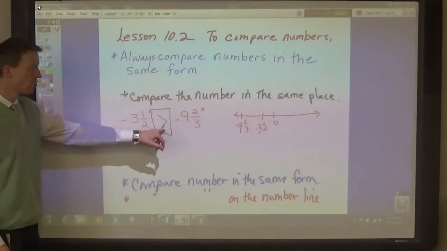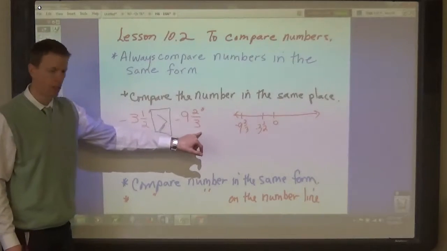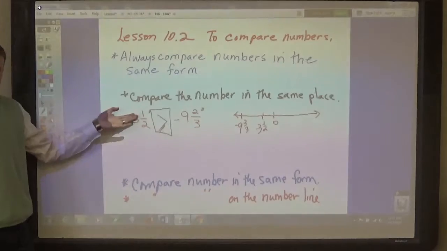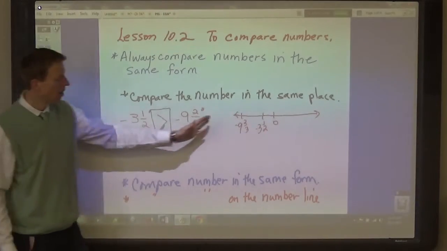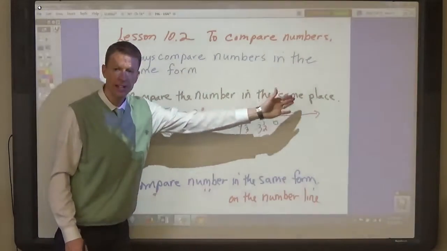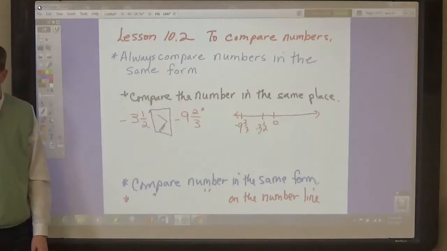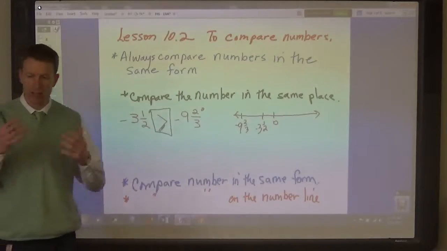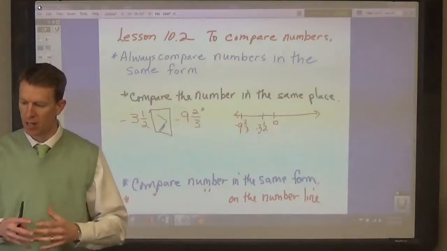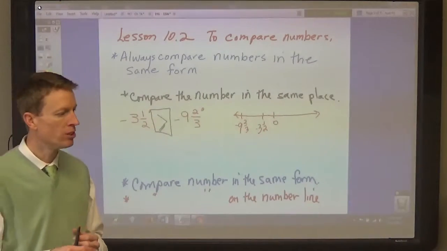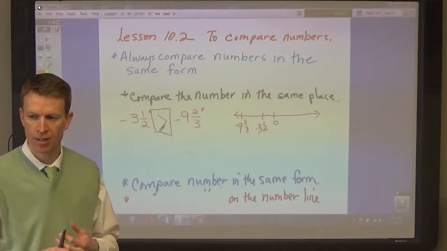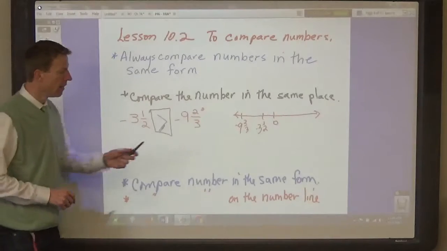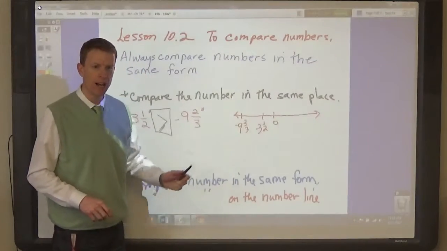Negative 3 1/2 is greater than negative 9 2/3 because it's a higher temperature, or it's an amount that is farther to the right on a number line. And so you're always comparing numbers considering the number line, or considering how they would be used in the real world.